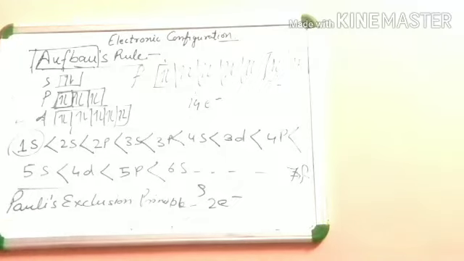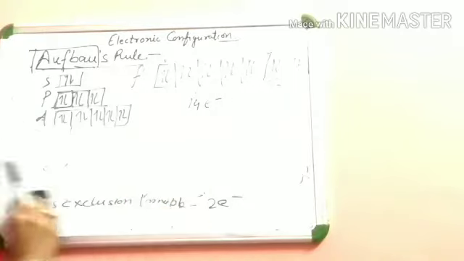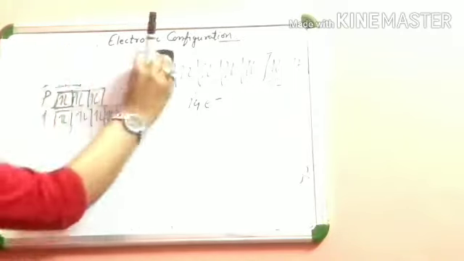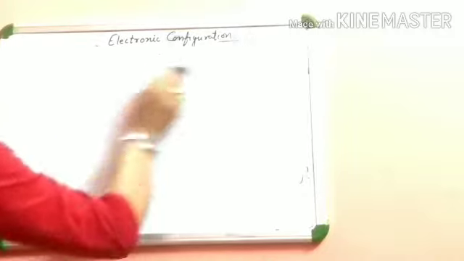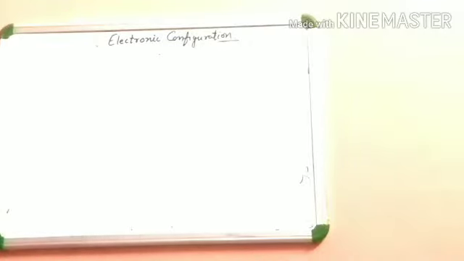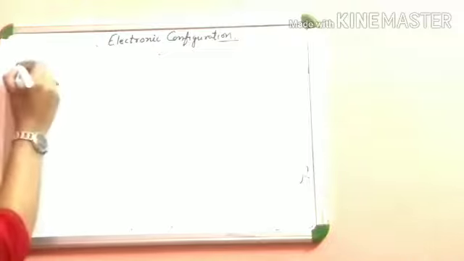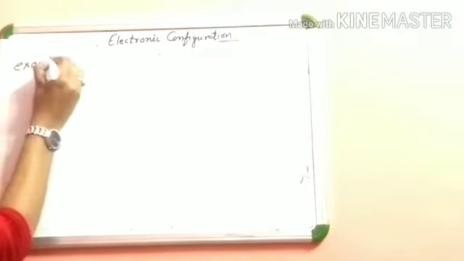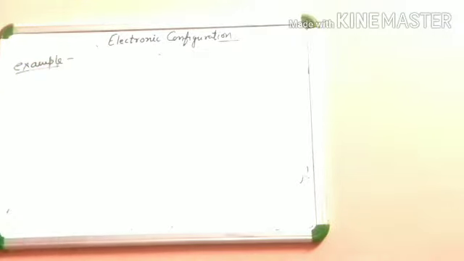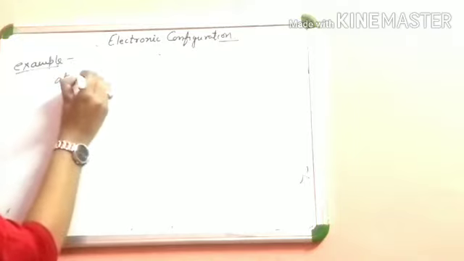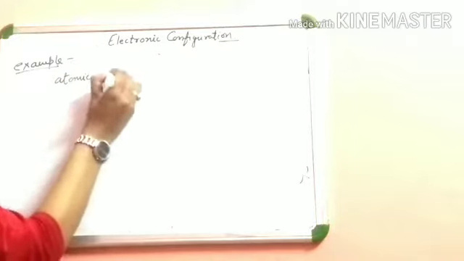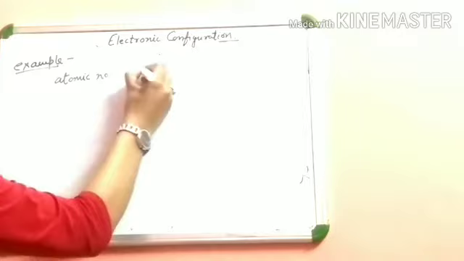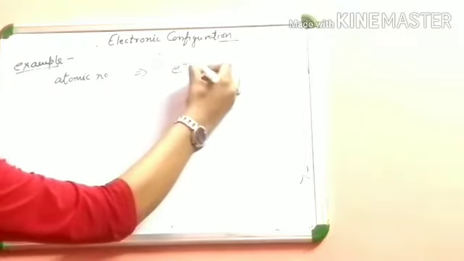Now let's see with the help of some examples how we can write the electronic configuration of any atom. Suppose we have an atom; here we will write the atomic number and here we will write the electronic configuration.